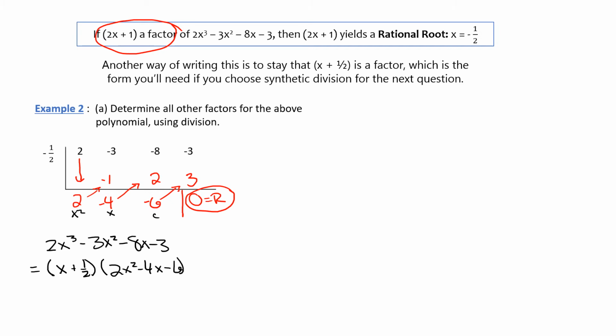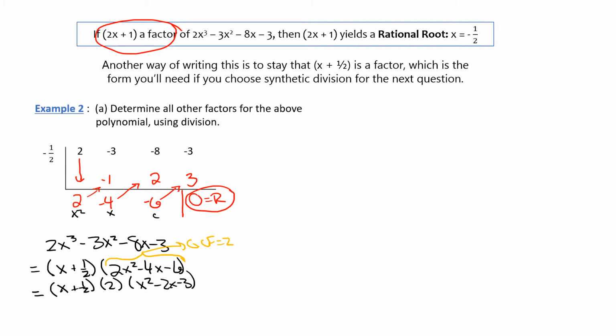We can factor that. First of all, remember the first thing you always look for is your greatest common factor. This trinomial has a greatest common factor of 2. So let's take that 2 out. I'll put it in between the two brackets here, x plus 1/2. Then I pull out a 2, and my trinomial is now x squared minus 2x minus 3.